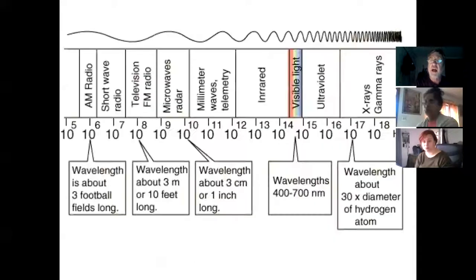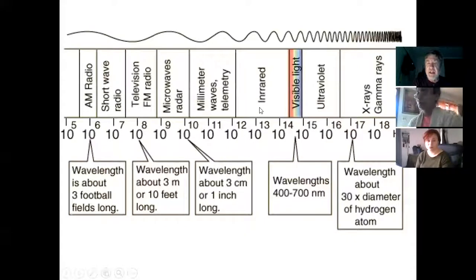All right? Sound waves aren't light waves. Look at this picture. This picture is talking about light, not sound. So this picture would be dealing more with optometry, if you were going to be an optician. But look at radio waves, way on the left: AM radio, shortwave radio, television and FM radio.